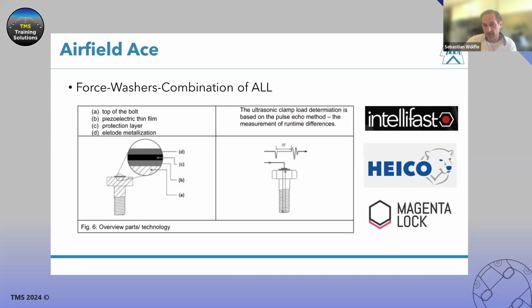That's the runtime difference, which gets calculated and gives the axial clamp force, in parallel to the torque that we also need to calculate the K values.